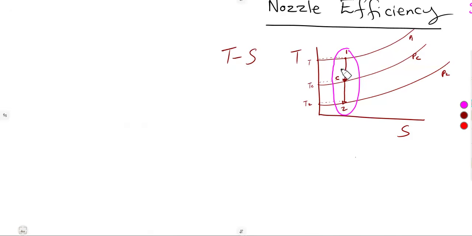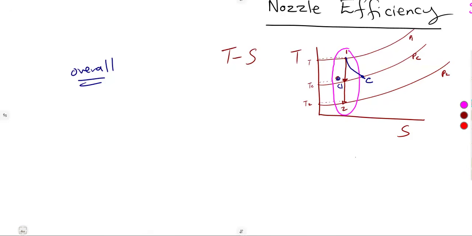If the friction affects the whole, we start exactly from point 1 up to the end. Remember the first one is 1 to the throat, the converging part, where this one is C and this will be C bar. So we consider TC and TC bar. That is the one we ended up with as the converging efficiency.